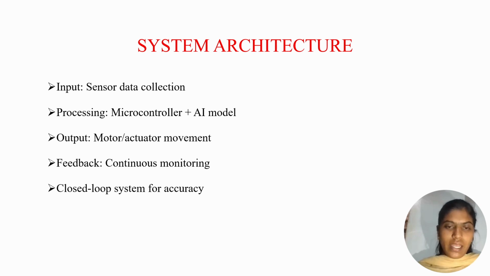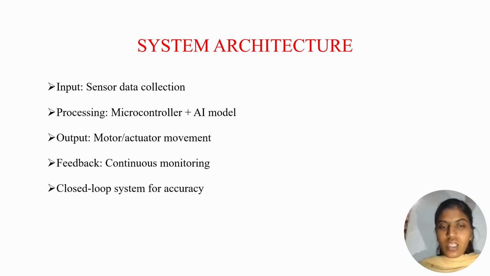The system architecture: this is how the system mainly works. Input: the input of our system is sensor data collection. We already know the types of sensors: pressure sensor, gyroscope sensor, accelerometer sensor.